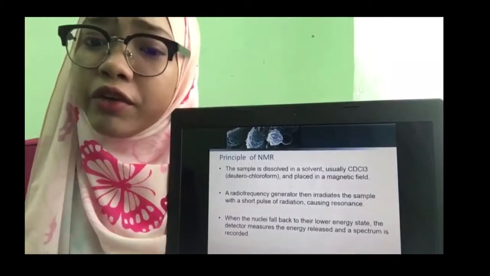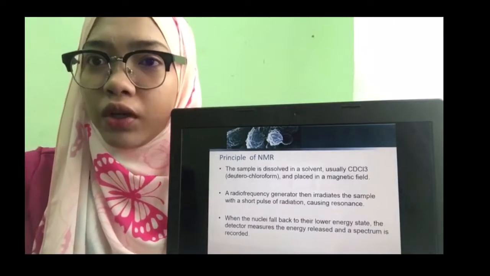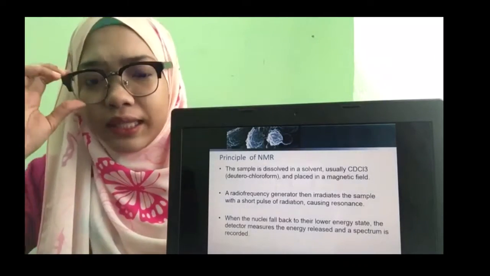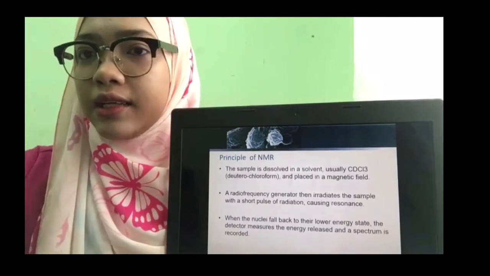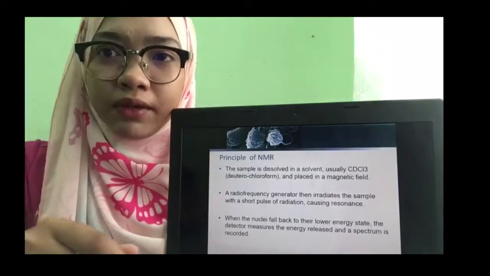After that, a radio frequency generator will irradiate the sample with short pulse radiation, and that will cause the resonance. And the third one is when the nuclei fall back to their lower energy state, the detector will measure the energy release and the spectrum will be recorded.